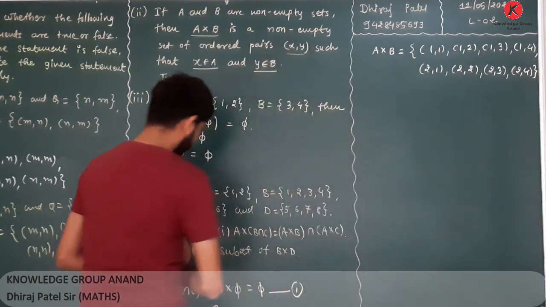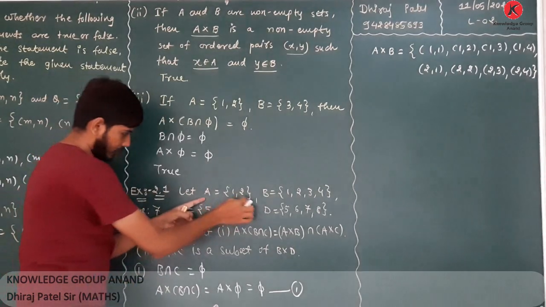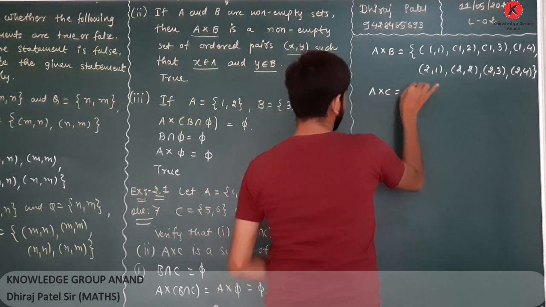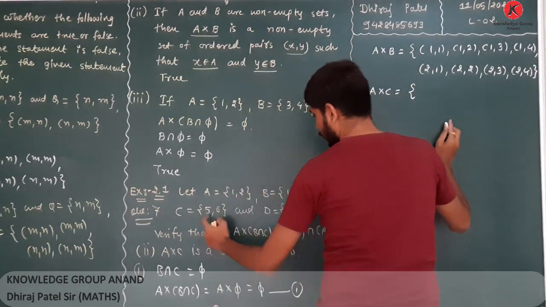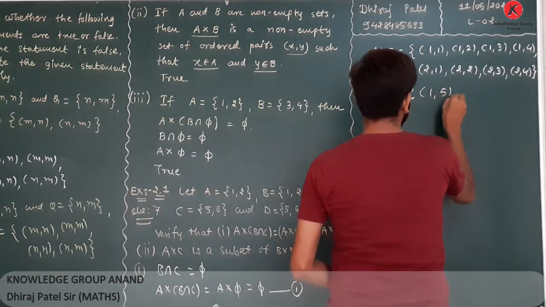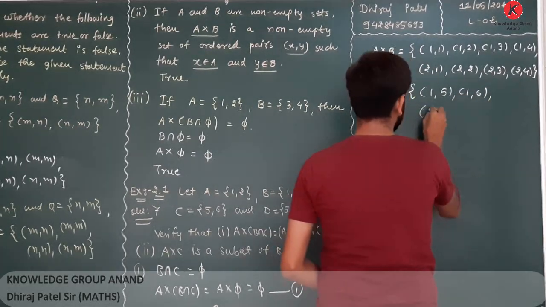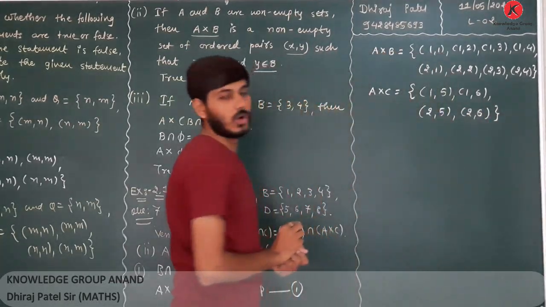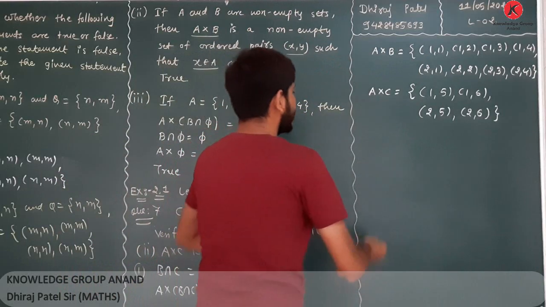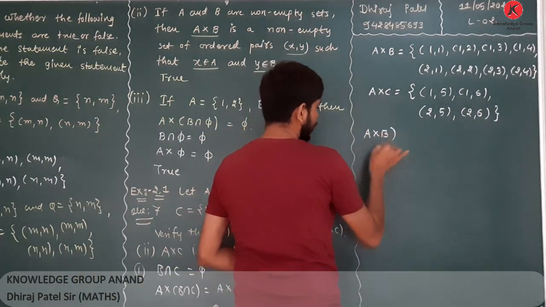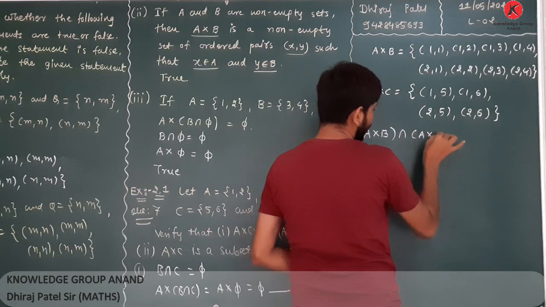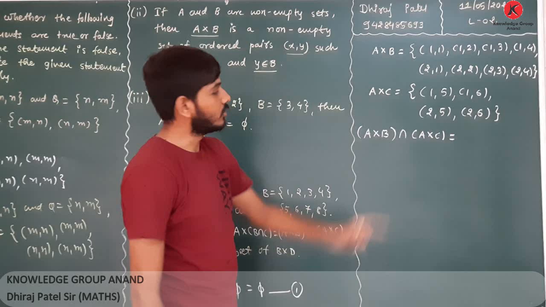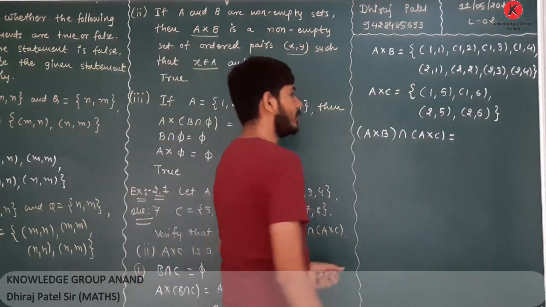Now find A cross C. Set A is 1, 2 and set C is 5, 6. What is A cross C? Here (1,5), (1,6), same as (2,5) and (2,6). This is our A cross C. Now find the intersection of these two sets, A cross B intersection A cross C. Write down the common ordered pairs. You can see that no ordered pair is common.